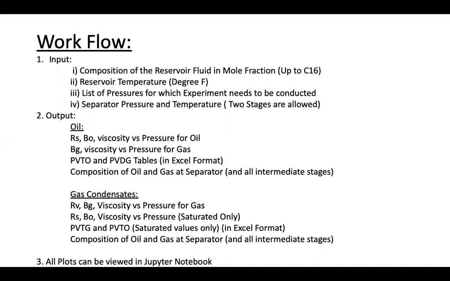And then once again, composition of oil and gas at the separator. And then it will make plots for you so that you have a quick check if it's working out right or not. Okay. What I also intend to do is to be able to bring in observed data so that you can make comparison. I should have done that, but I'm just one step behind here.